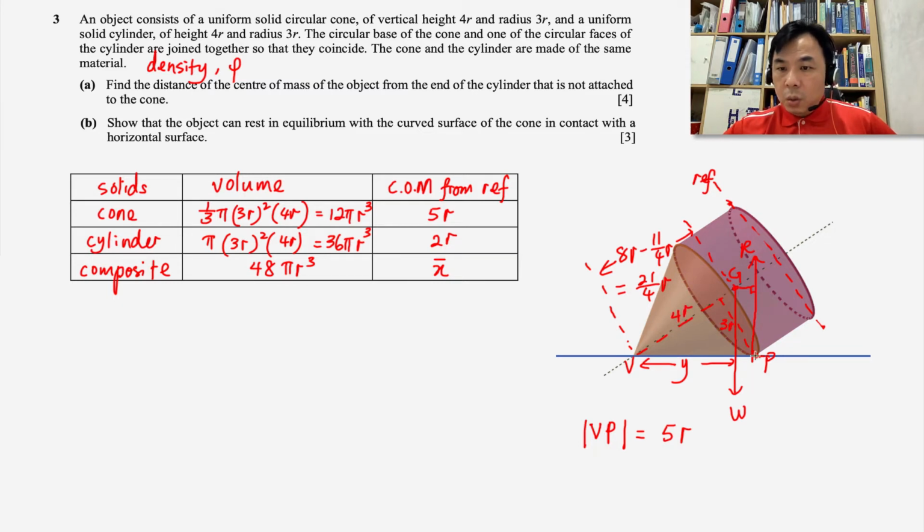Just to convince you that this is 5r, you can see from the right-angled triangle that this is particularly 5r. That is the length from V to P here. Now our task is to determine the length y. If the length y exceeds 5r, therefore this line of weight must be outside of the pivot. Then it will not be in equilibrium.